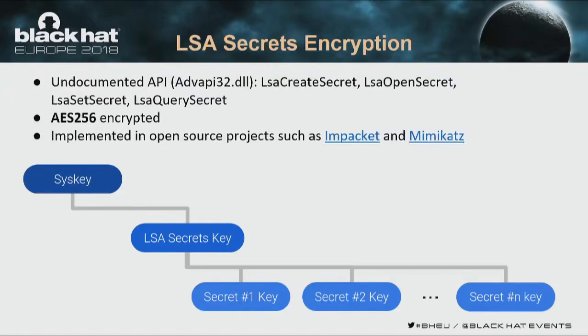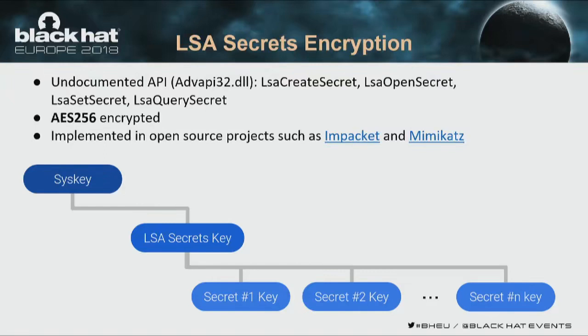Now, it is encrypted in AES. The encryption scheme is quite complex, but the important thing to understand about how it is encrypted is that in order to assemble the AES key with which the LSA secrets are encrypted, you need to collect artifacts from the registry on that machine, assemble them, XOR them, and manipulate them in several ways, and from this data you can recreate the key with which those secrets are encrypted.